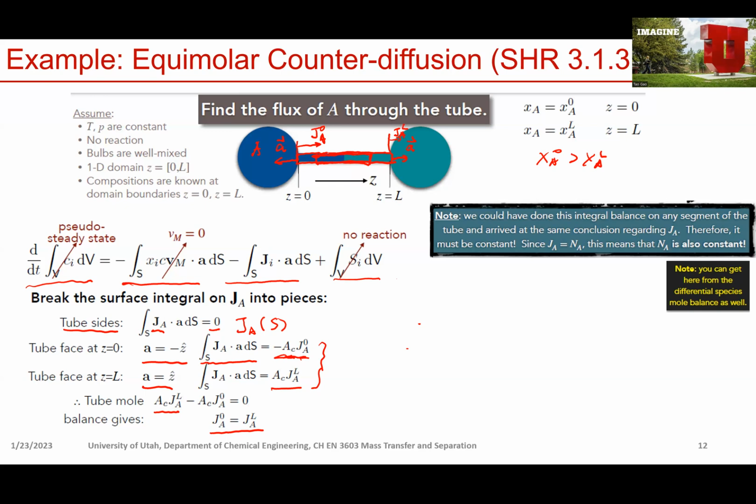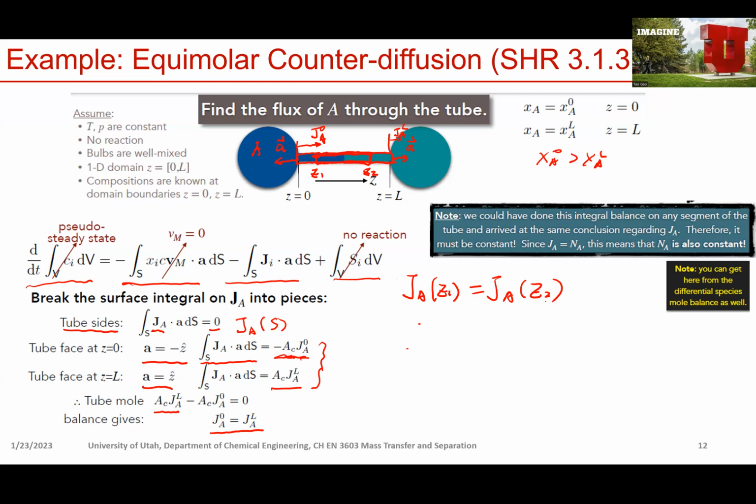Let's say this is Z1 here and this is Z2 here. If you go through the same process, you will find out JA at location Z1 is going to be the same as JA at location Z2, right?